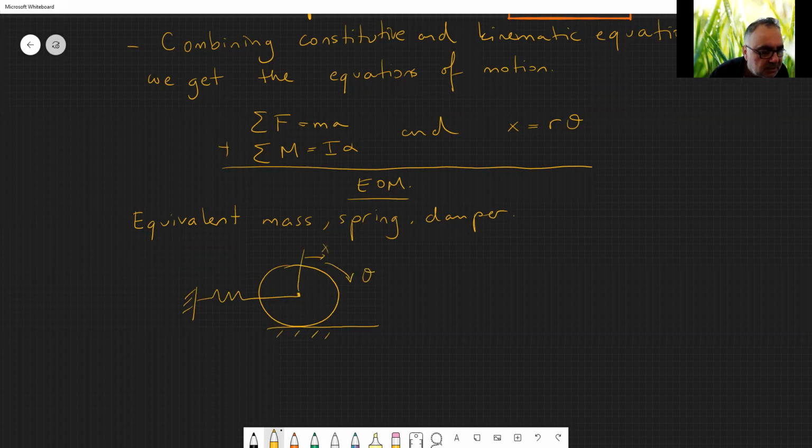This is x, and let's say that there is a force F acting. If you remember, I have derived the equation of motion here. This is m, this is r, this is I, etc.